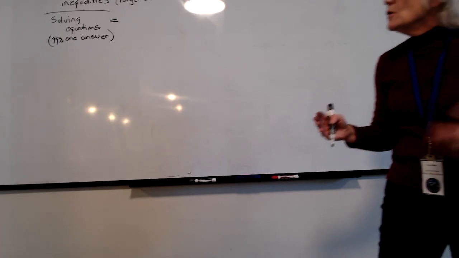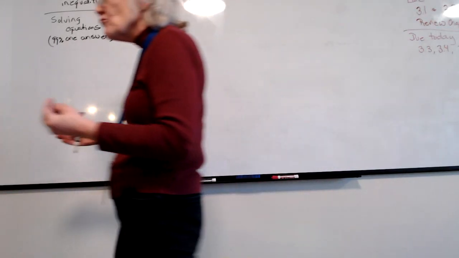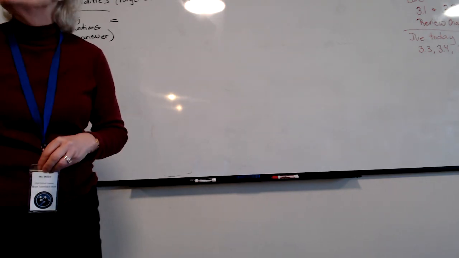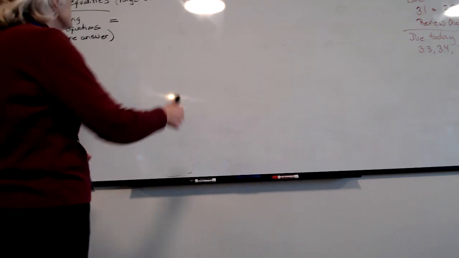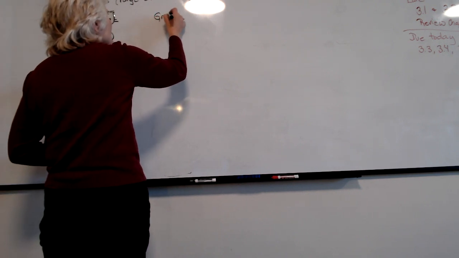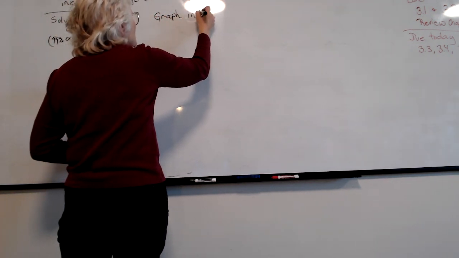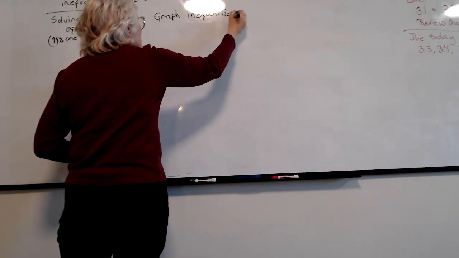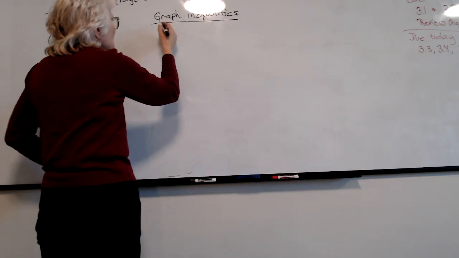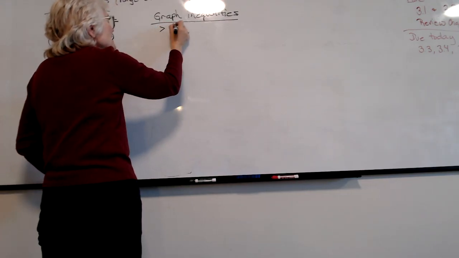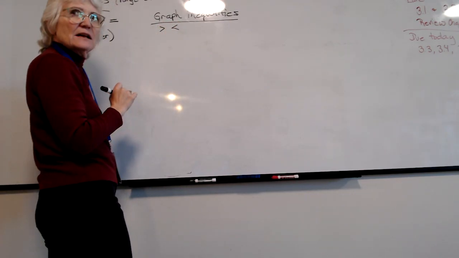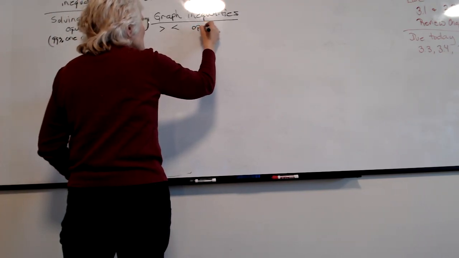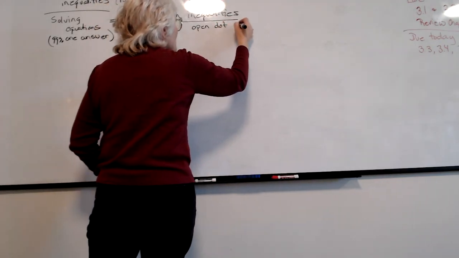Okay. So we have done some things. We've graphed with inequalities up to this point. So I'm going to just really quickly review how you graph inequalities. So when you're graphing an inequality, basically, if you have just these signs, okay, you will put an open dot on the number line.